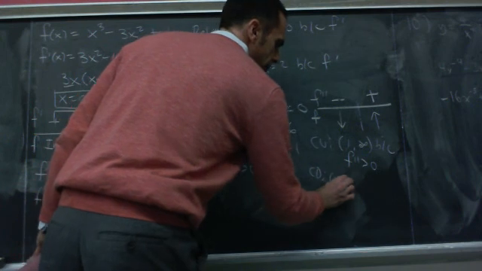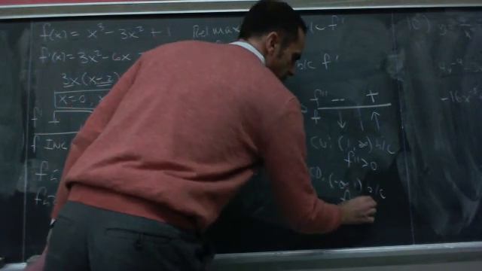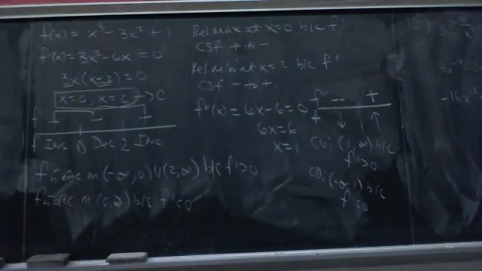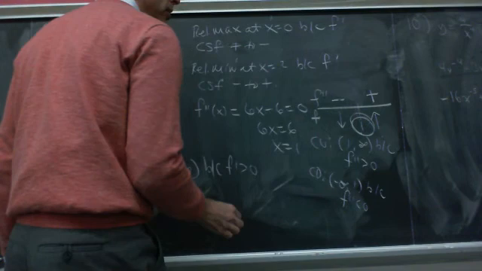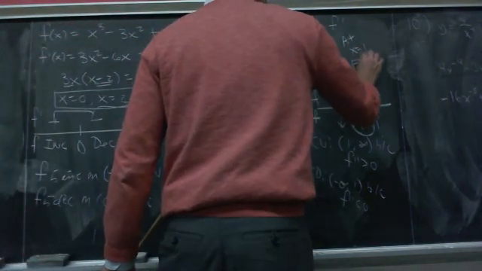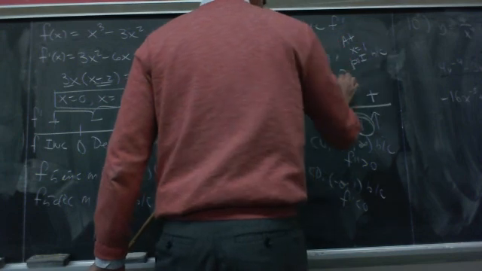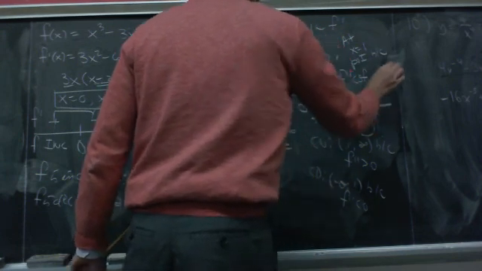Concave down from negative infinity to 1 because f double prime is less than 0. This is where f double prime changes signs. So at x equals 1 is a point of inflection because f double prime changes signs from negative to positive there.